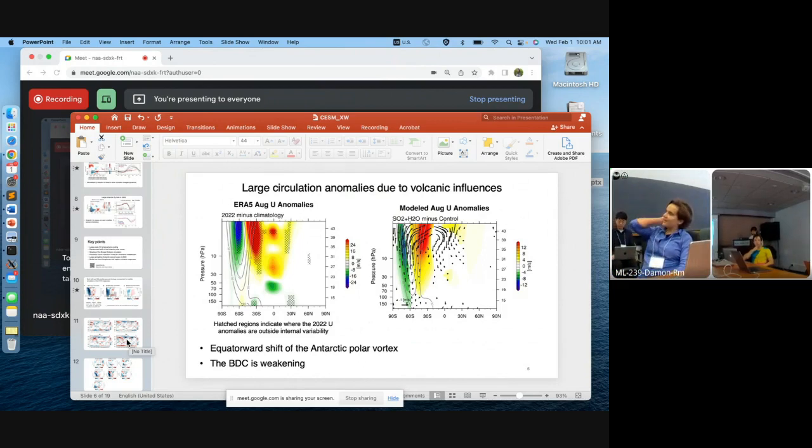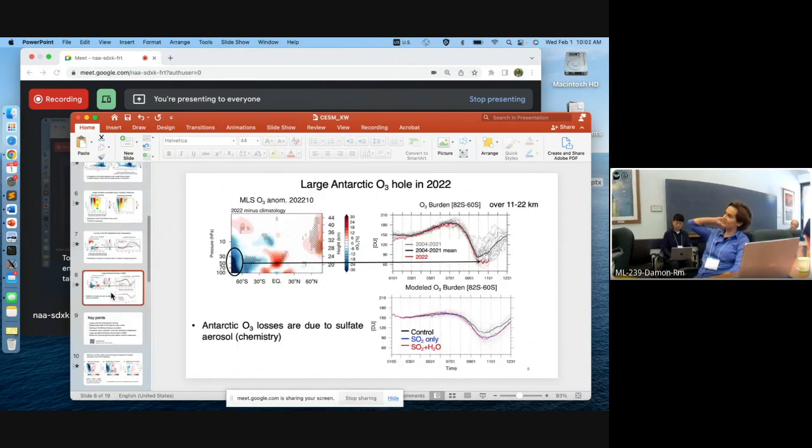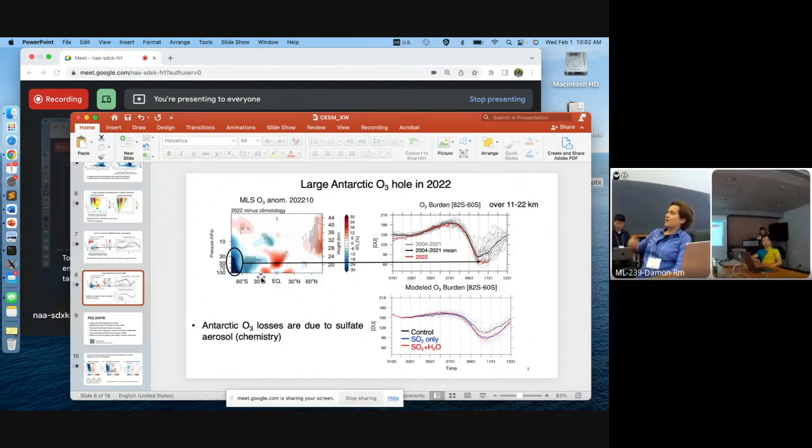David? For your last part, when you diagnosed the ozone loss in the Antarctic spring, have you done it from the free-running simulations or the specified dynamics? This is all free-running. I was wondering, because the polar vortex in WACCM is presumably too strong in spring and therefore too cold.